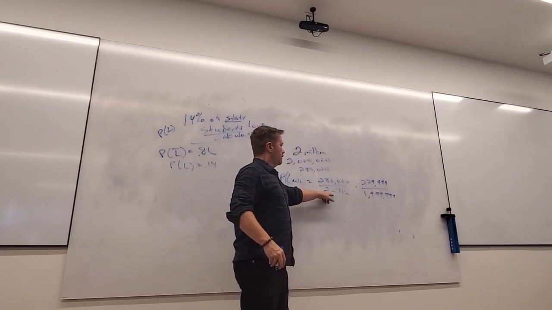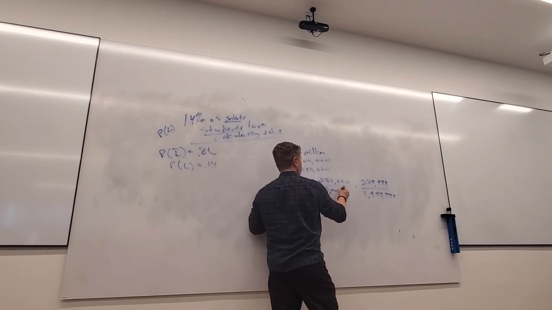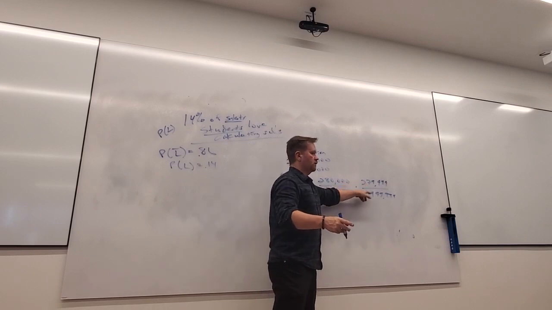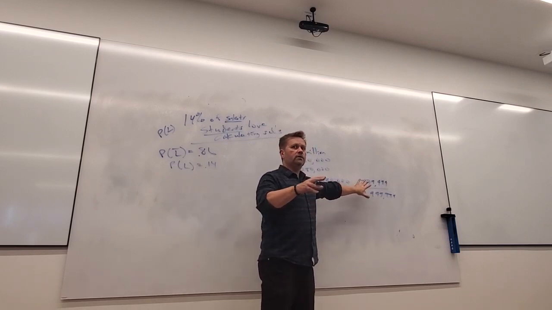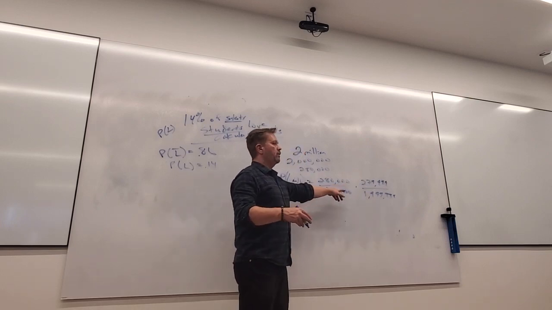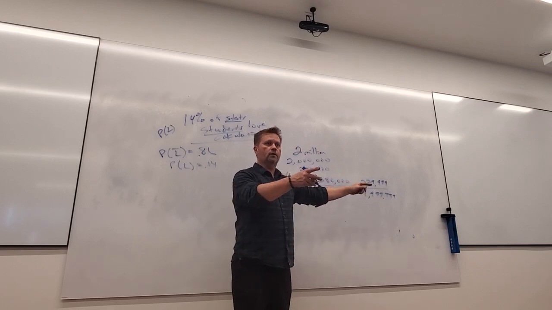Verify 280,000 divided by 2 million is 14%. It is, of course it is. So that's what we got. Can somebody please do this division for me? Does everybody understand what just happened? If I'm on a probability that 2 people love statistics, this is the way we would do it if we did it like we just did. I do not have to do this, and we're about to see why.